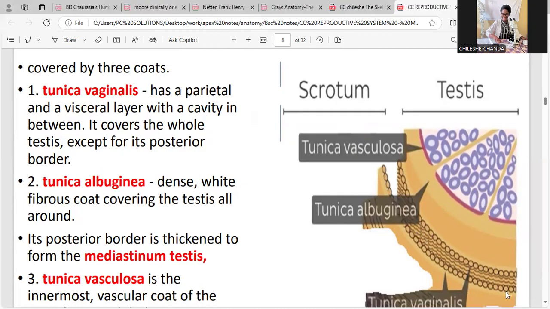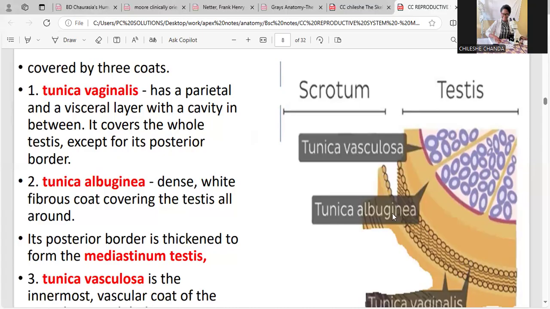This one is a layer that is coming from the abdomen. As the testis is developing, it develops in the abdomen. But as it is descending during development, it will carry with it the peritoneum, and so the peritoneum will also enter the scrotum.